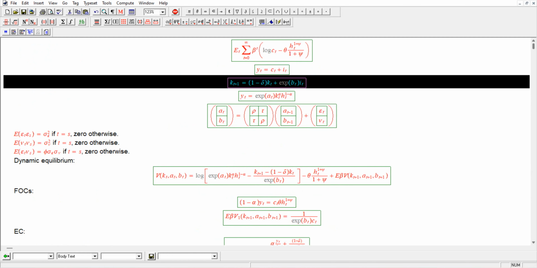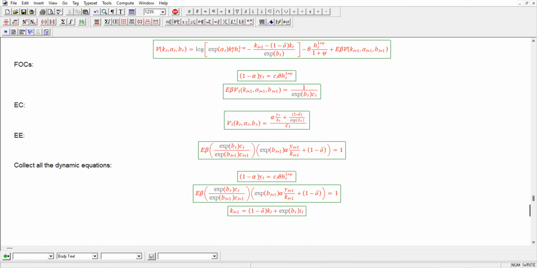Third, we have the capital accumulation function. And since we're focusing on output and consumption, we could write this as yt minus ct. And finally, we need the individual equations for our shocks.